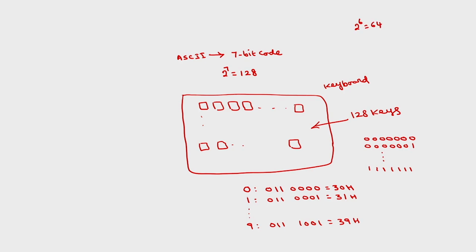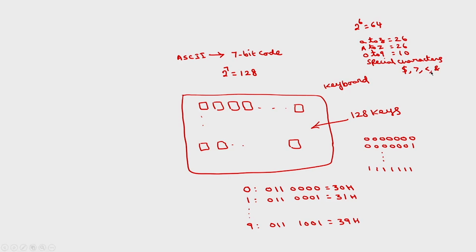But in this keyboard we require all lowercase letters A to Z, which is 26, uppercase letters A to Z, 26, then digits from 0 to 9, which is 10, then we require some special characters, such as dollar, greater than, less than, different symbols.